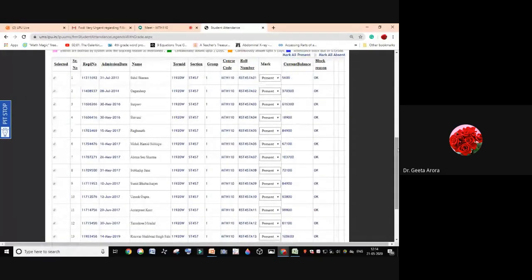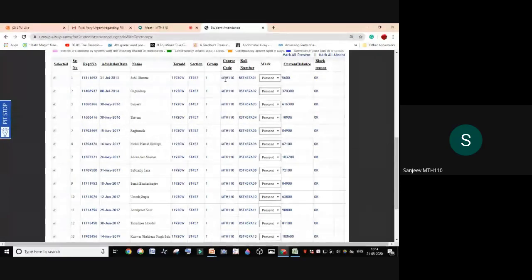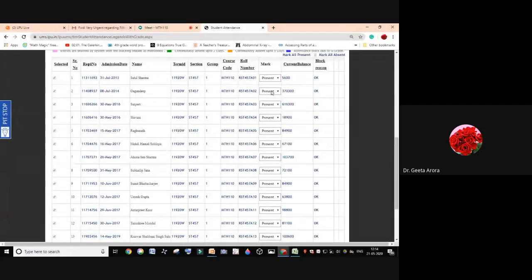Sahil. Gagandeep. Gagandeep, who has joined us. Present, ma'am. Sanjeev, present, ma'am. Shivani, present, ma'am. Raghunath, present, ma'am.